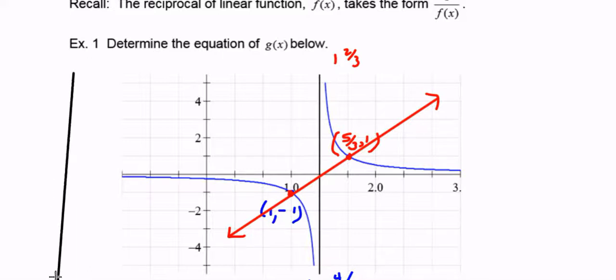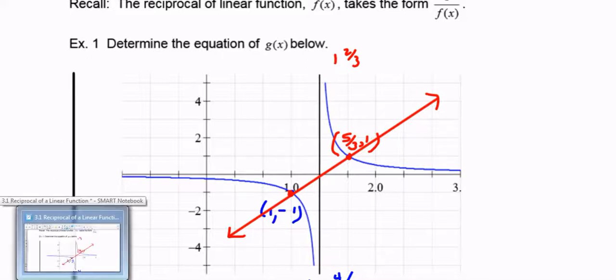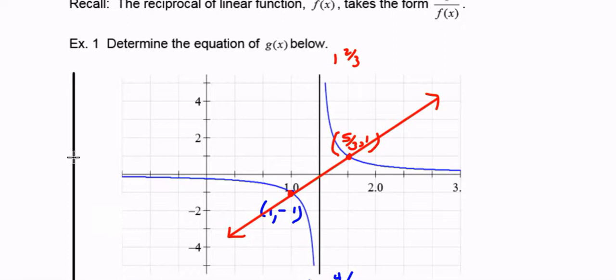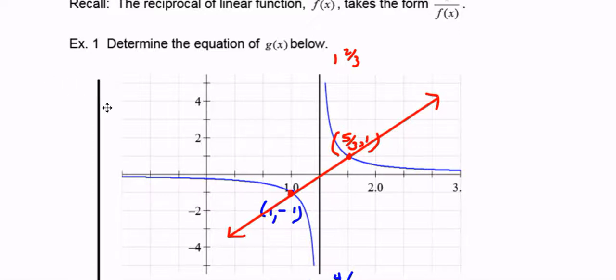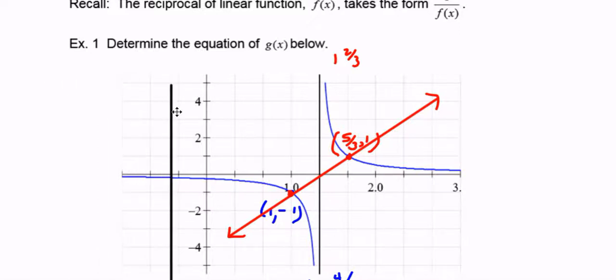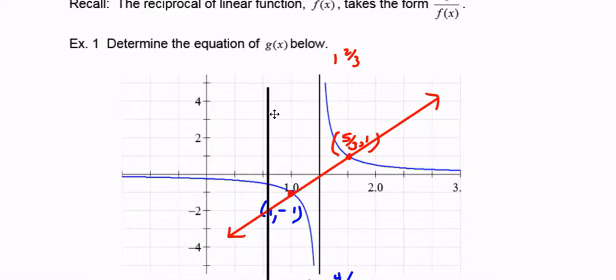Start with a vertical line, and if I pick up that line and sweep this way, the blues are decreasing as I sweep this way. And then I hop the fence here at the asymptote. They're still decreasing even though they've markedly gone up.